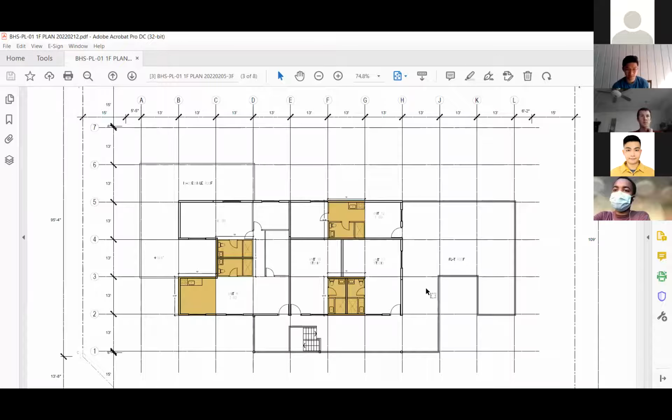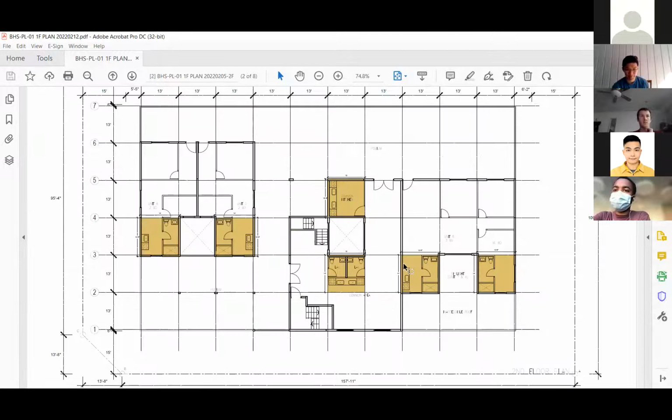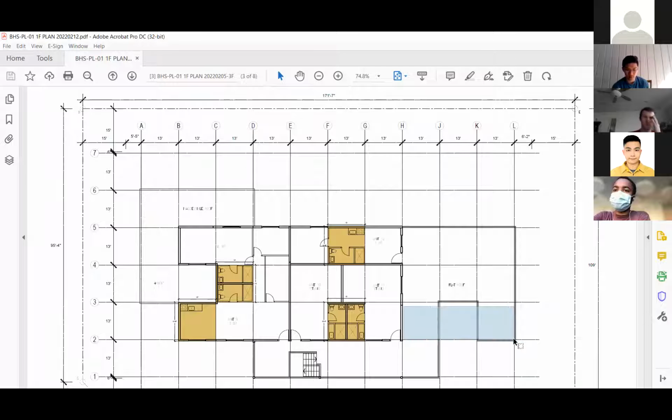And the only 2 that do not have a level change are these 2 units above, because they are located up for the flat roof access circulation. So I just kept it untouched.